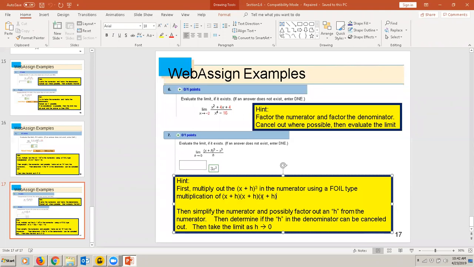Remember, that really means take x plus h times itself 3 times. So multiply that all out, and then try to factor out an h from the numerator. If you're able to factor out an h from the numerator, use that to cancel out the h in the denominator, then take the limit as h approaches 0 once you've canceled out that h in the denominator.